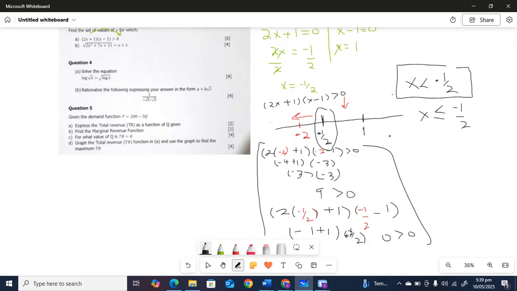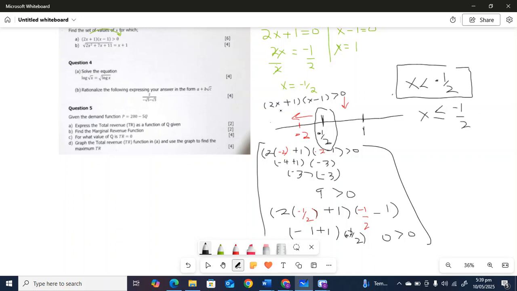So you try the next range now between negative half and 0. Which number can we pick, colleagues, between negative half and 1, which we can try to the inequality? We can try 0.